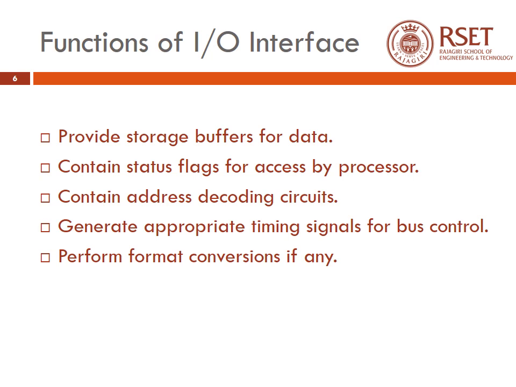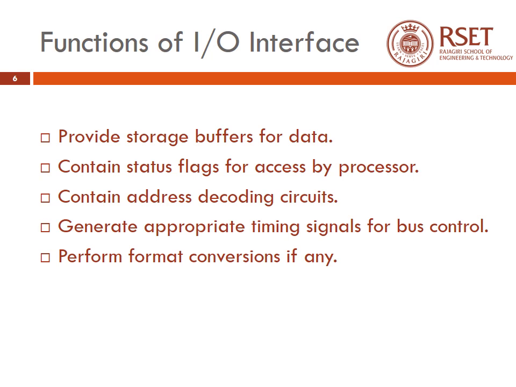All that can be checked by using different status flags which are maintained inside the interface circuit. It also provides address decoding circuits which can be used by the processor to correctly identify an input-output device. Then it generates appropriate timing signals for bus control, that is, when to provide a certain control signal or when not to provide a different timing signal. All these things can be controlled by providing various timing signals, which is done by the interface circuit.